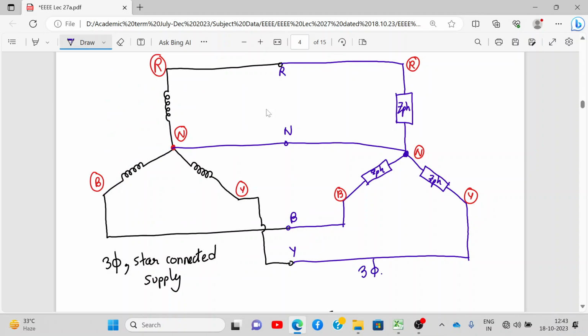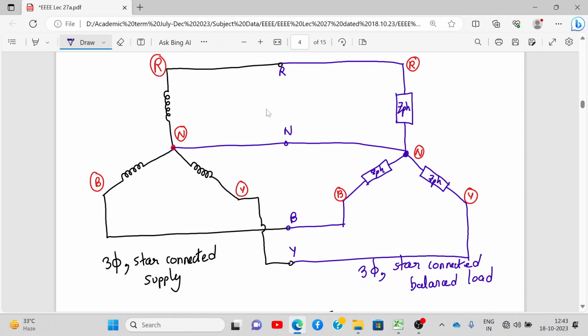So three-phase star connected balanced load. Why do you call it balanced load? Do you see I have written over here Z phase everywhere. So this thing is same. Impedance is same for all. They have the same impedance and same power factor also.